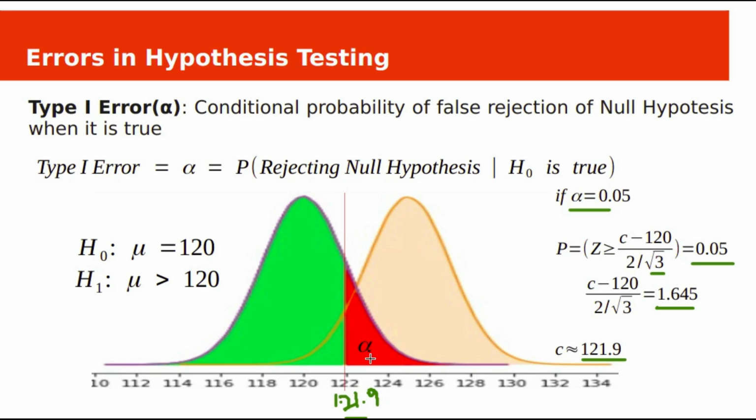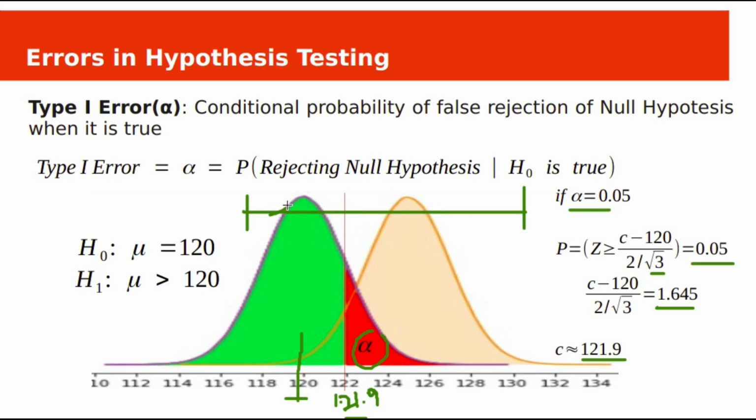There is a 5% chance of the driver being falsely fined, since the recorded average speed is greater than 121.9 but the true speed does not pass 120, which is the type 1 error alpha. Suppose these three measurements were taken in the range of a 2 kilometer span. The vehicle is actually moving with an average of 120 kilometers per hour. A vehicle cannot maintain the same constant speed across this span, so it will be faster in some places and slower in others, but overall the speed is 120.